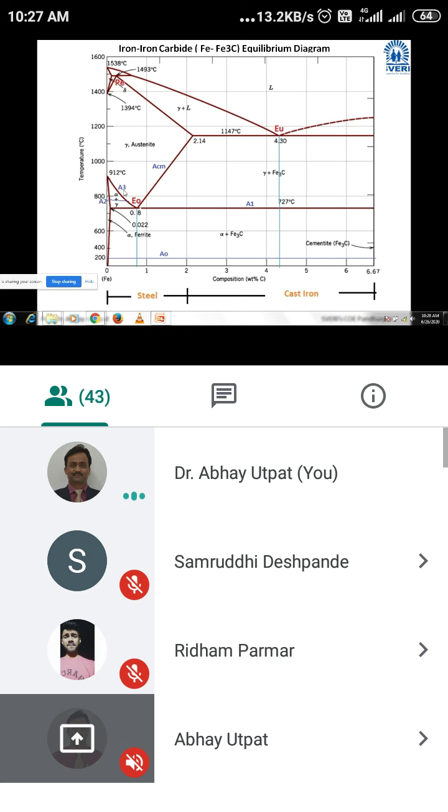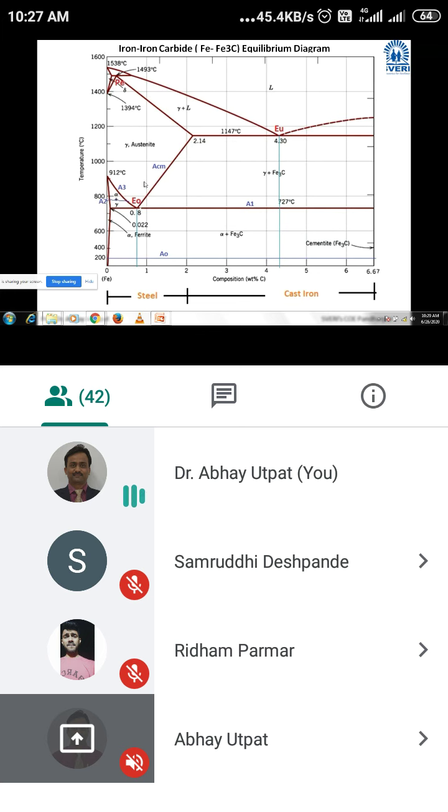A3, A3's range starts from this point to this point, 727 to 910. Some of the books show 912, 910, 912, no problem. This is A3 temperature range.